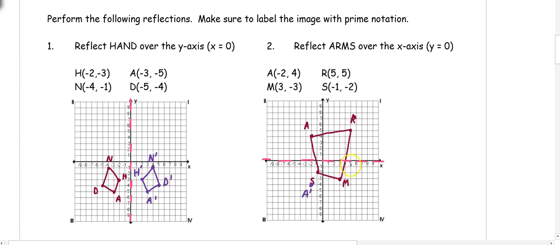R is 5 away from the line, so I go 5 down. M is 3 away from the line, so I go 3 up. And S is 2 away from the line. Then I connect my points again, and it's okay that my shapes overlap a little bit.